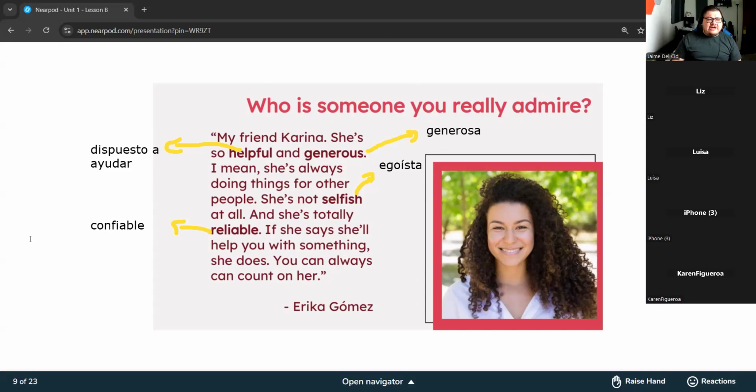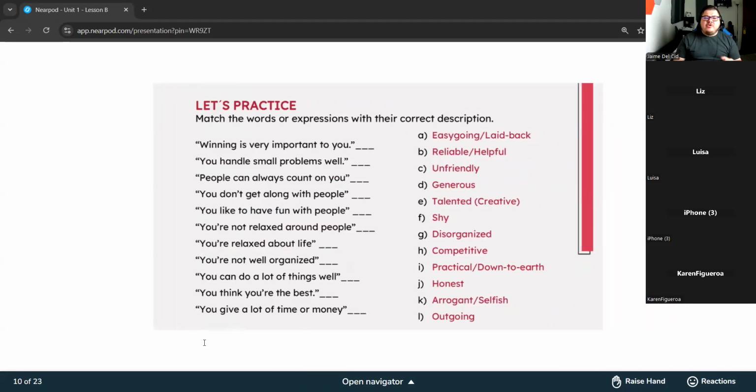Now, of course, I know that there are a lot of words, and what we're trying to learn is not just the word, but also what is the meaning behind that. So I have prepared a little exercise to help you memorize it. So I'm going to give you some expressions and their description, okay? So we have some description of situations and you're going to try to match it with the expression, okay? So winning is very important to you.